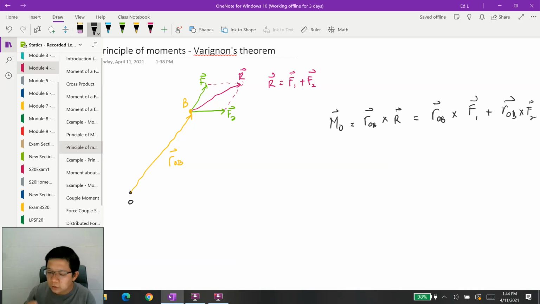These two expressions are actually equal.